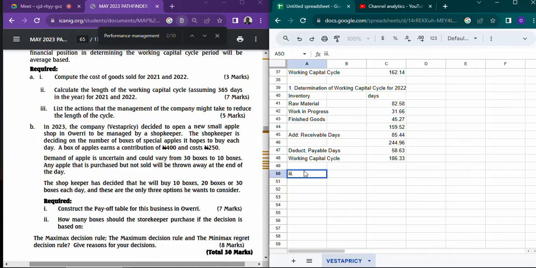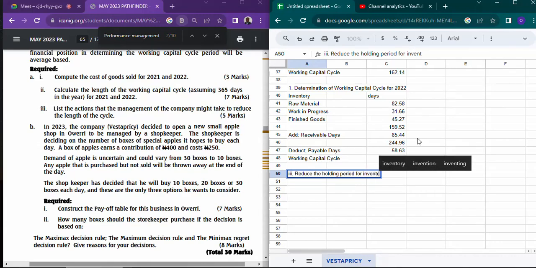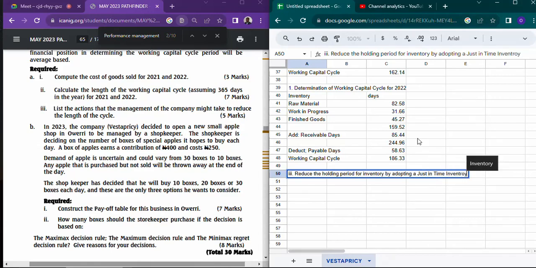The first one will be to reduce the holding period for inventory by adopting a just-in-time inventory management system.